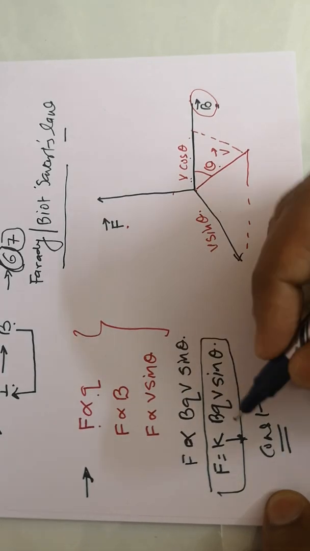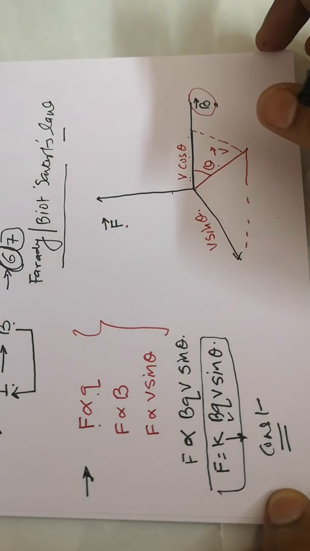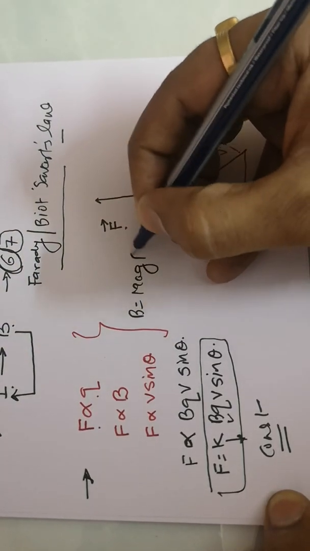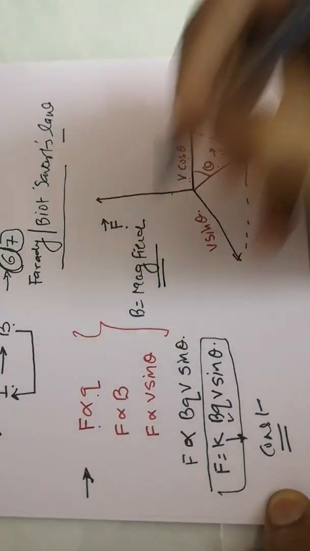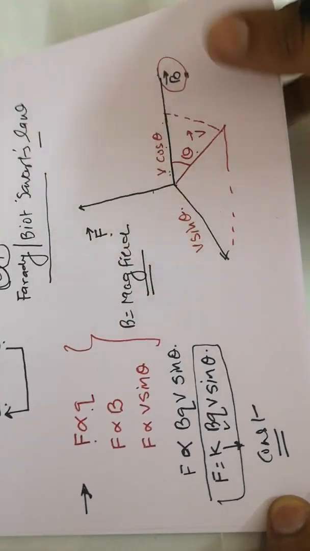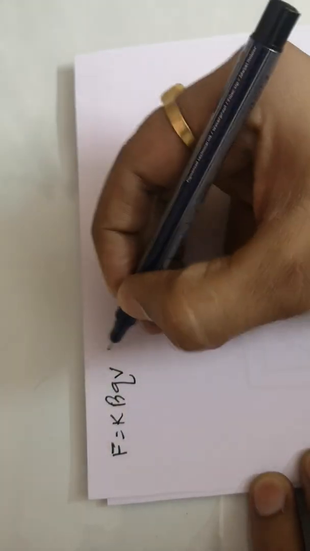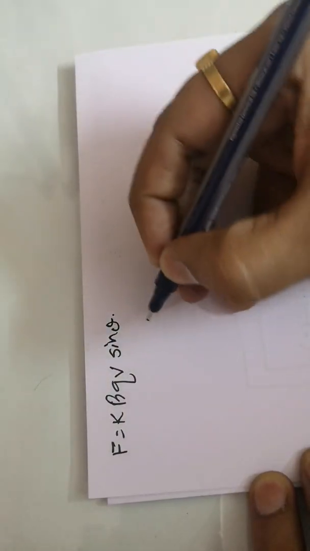Now I want to obtain the unit of B, which is the magnetic field. I want to derive its unit. Let's say I am putting first of all this expression: F equals K BQV sin theta.